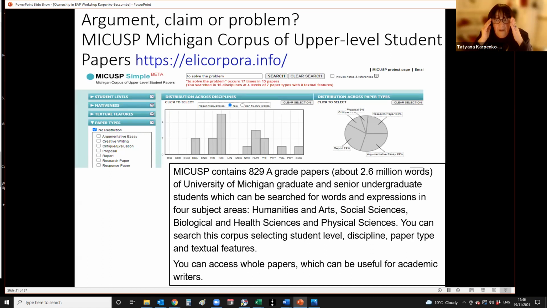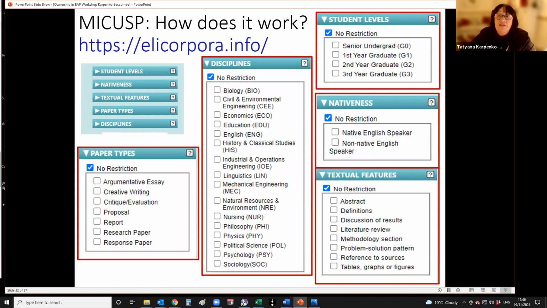And it is about 2.6 million words of papers, the best papers of mainly postgraduate papers, but also higher undergraduate, senior undergraduate papers. And you can browse this corpus, you can search this corpus according to several criteria.